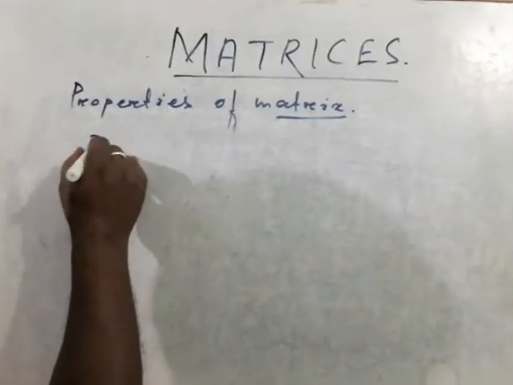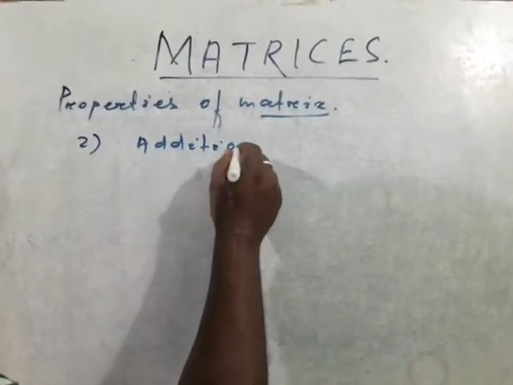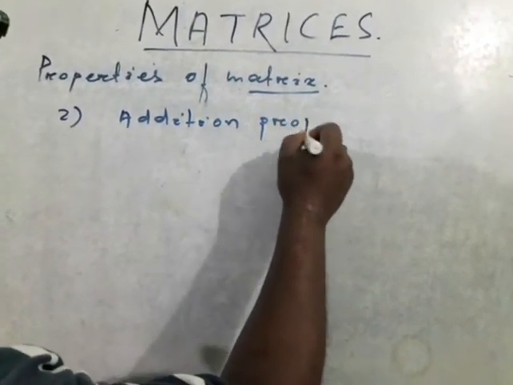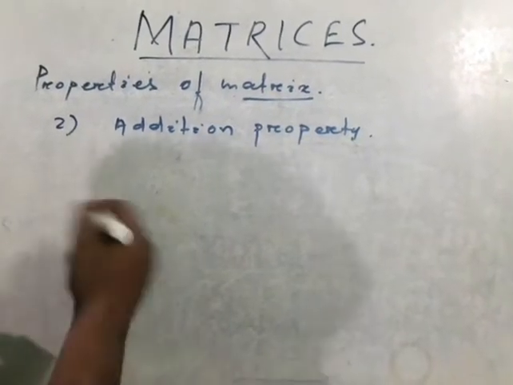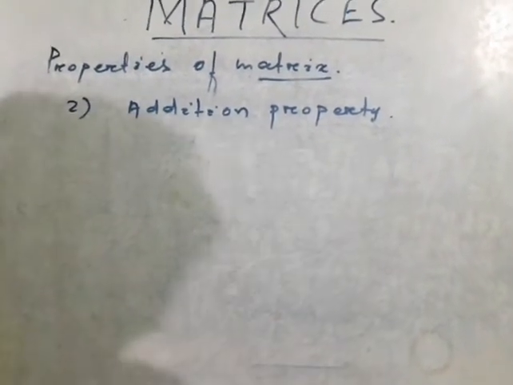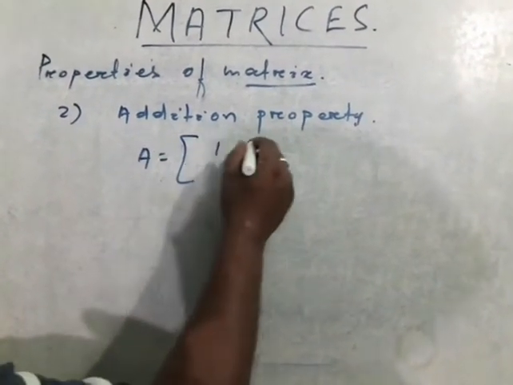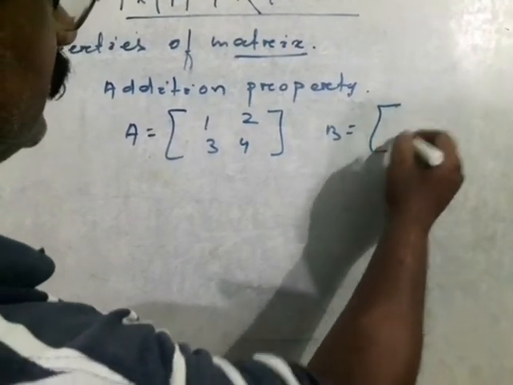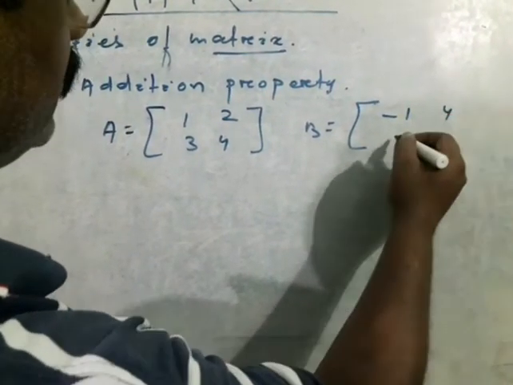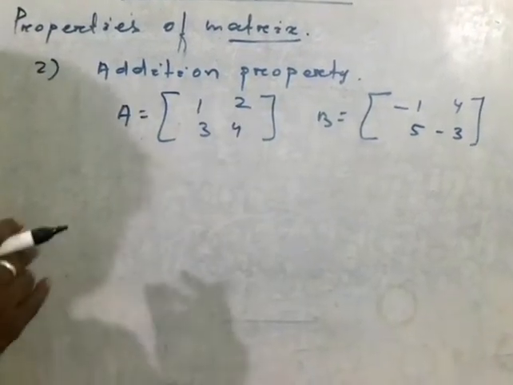Property number 2, that is addition property. According to the addition property, two matrices can be added only when their orders are equal. For example, if A is equal to 1, 2, 3, 4 and B is equal to minus 1, 4, 5, minus 3, then in such cases the addition is possible.